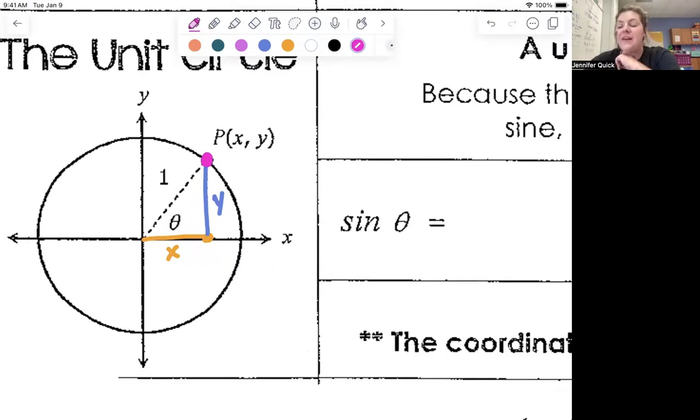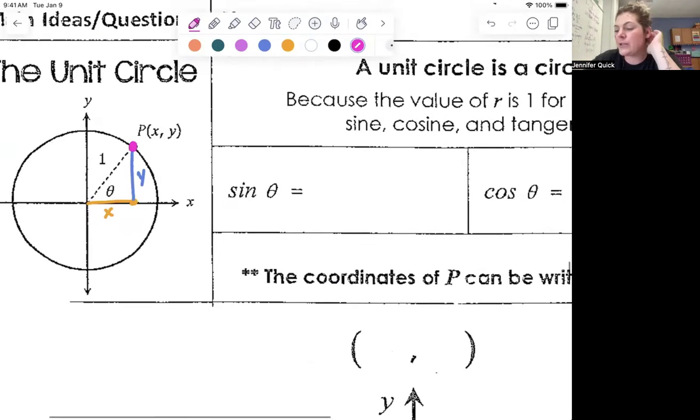Now, if I find the sine of the angle, we know from the trig from the last unit that sine is opposite over hypotenuse. In this case, it would be the Y value over the hypotenuse, which is 1, which we can write as the Y value.